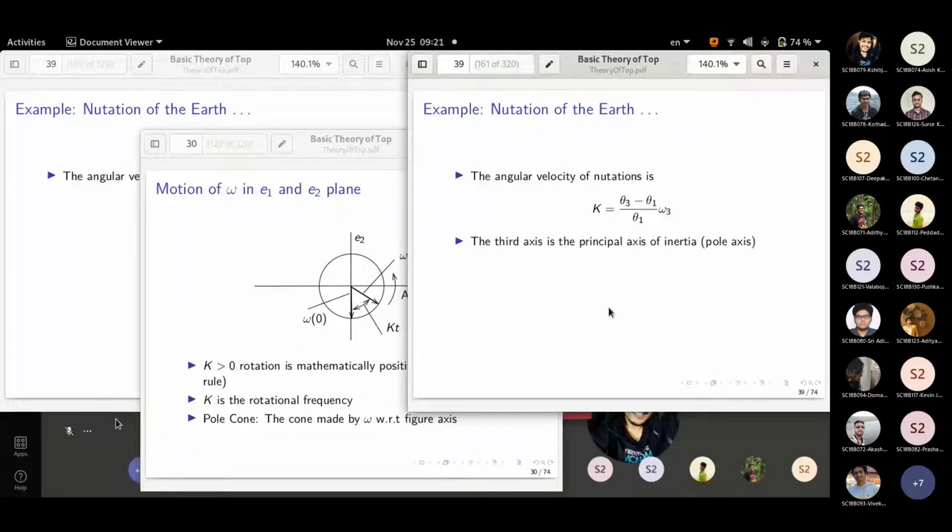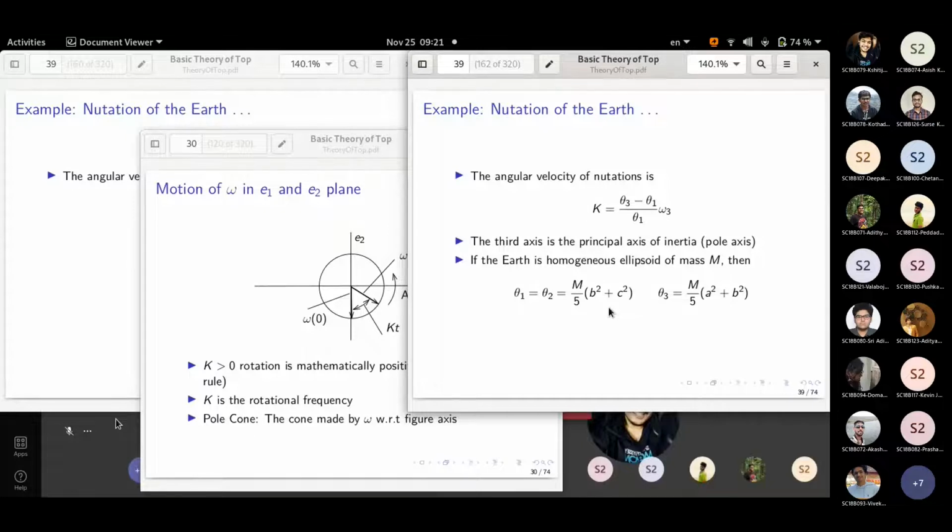So we have to compute these moments of inertia for the oblate Earth. The third axis is the principal axis. You can go back and find out there are formulas for the ellipsoid. Theta 1 equals theta 2, which is along the equatorial direction. In the equatorial plane, there are two principal axes. With respect to that, we get the moment of inertia as mass divided by 5, b square plus c square.